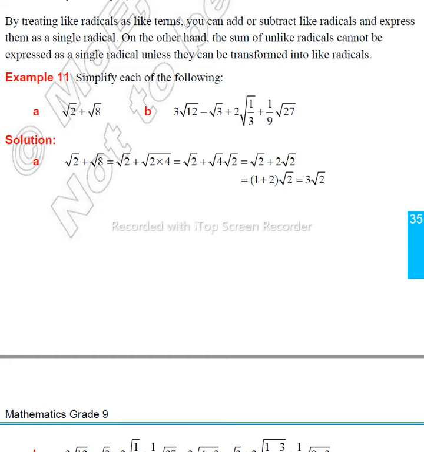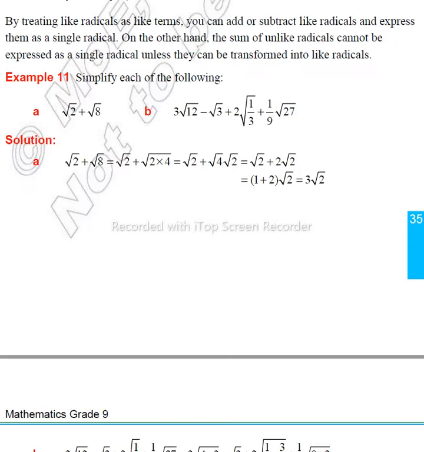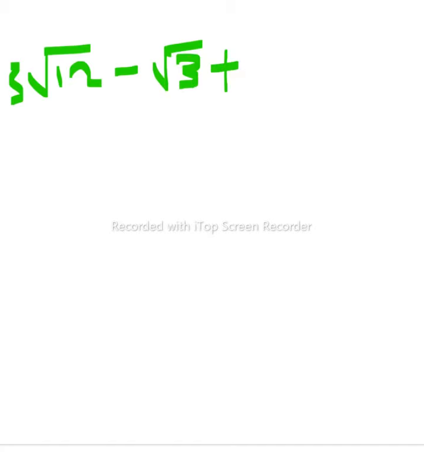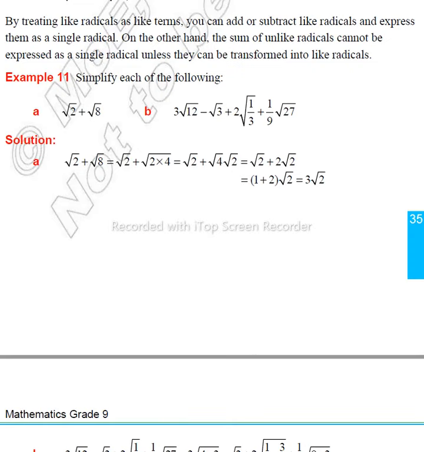So let us write the question first. It says 3 square root of 12 minus square root of 3 plus, sorry, not 1 over 3.